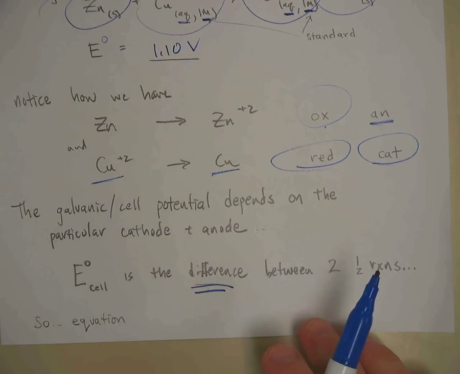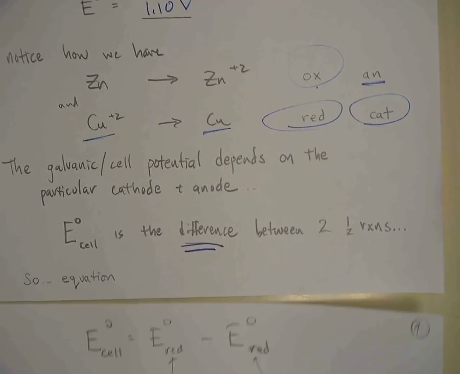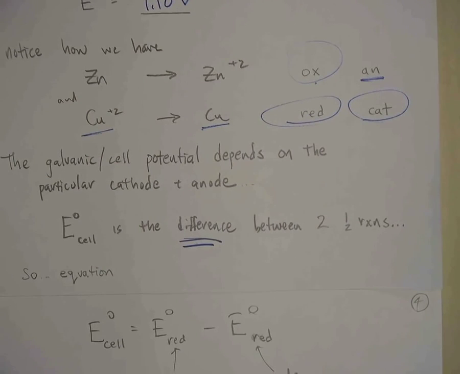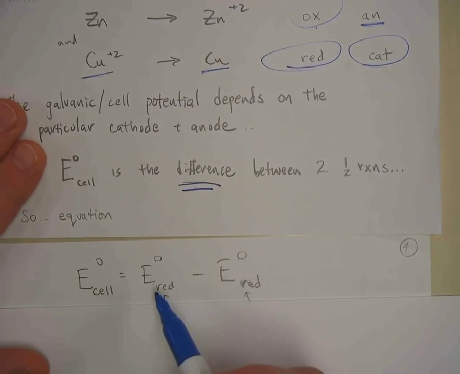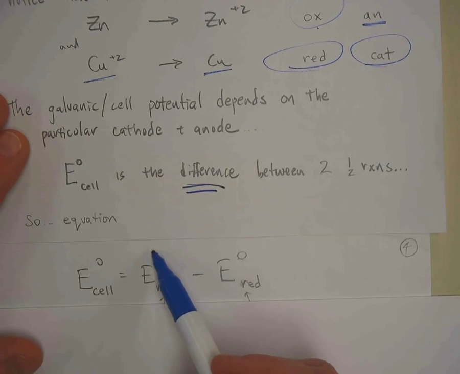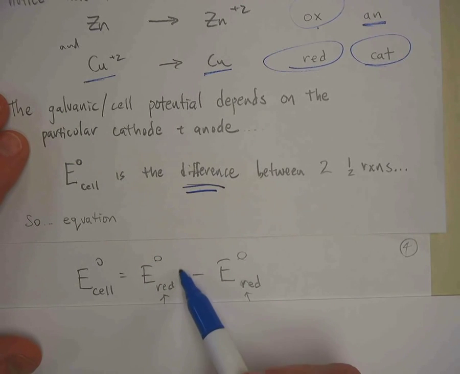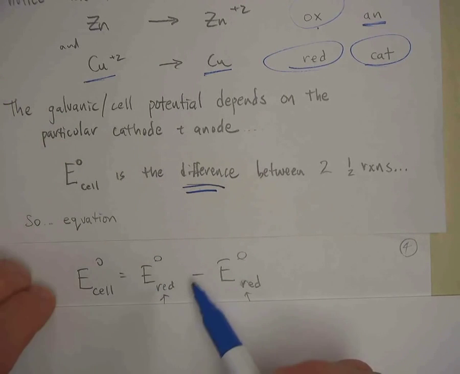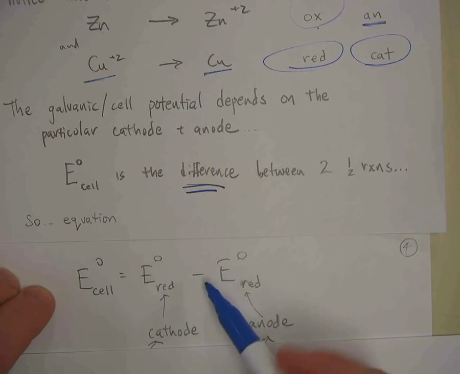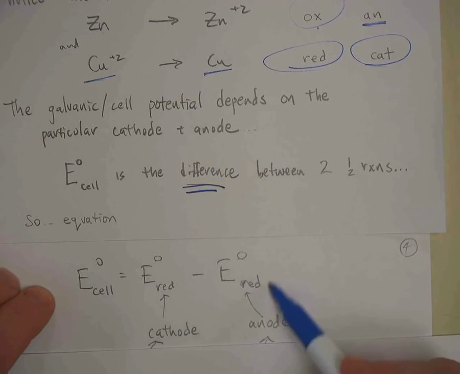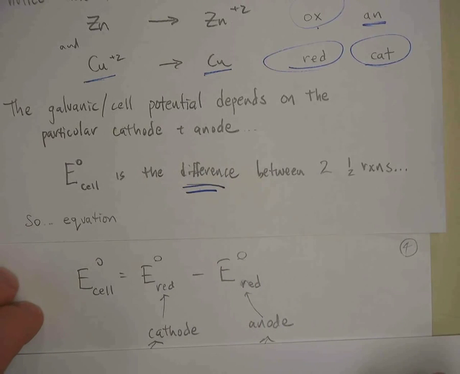The equation that helps us find this is that the E of a particular cell, the EMF of a particular cell, is the potential of the cathode to be reduced minus the potential of the anode to be reduced.